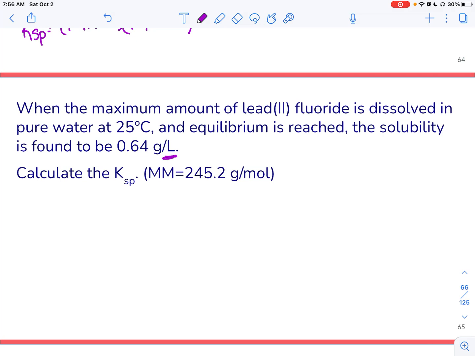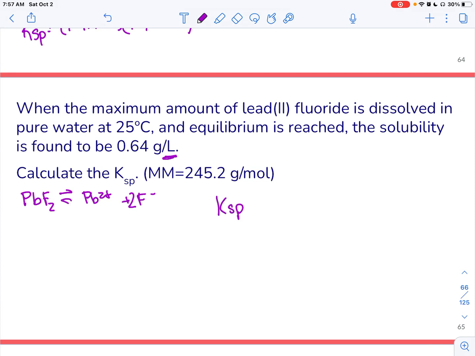So for this one, we have lead 2 fluoride. That is not balanced, so we need to put a 2 right here. So it does change our Ksp expression slightly.